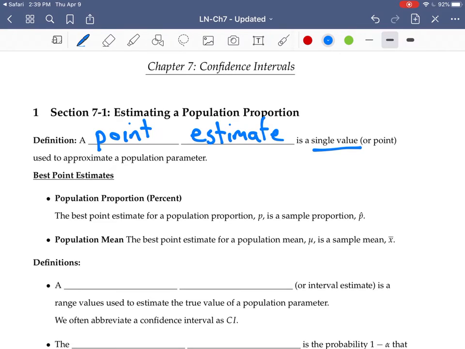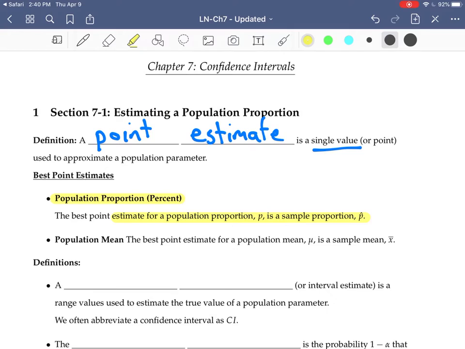There are some cases where the point estimate is pretty straightforward to get to. If we're trying to estimate a population proportion or a population percent, the best point estimate of a population proportion, P, is the sample proportion, P hat.